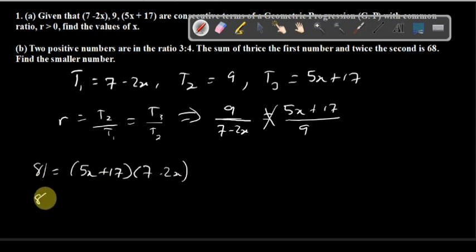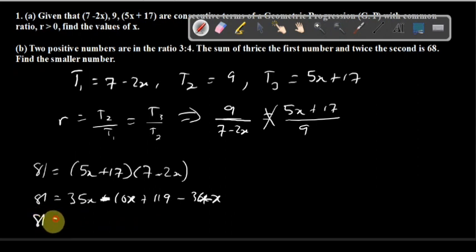So let's expand this. 5x times 7 is 35x, plus 5x times minus 2x, that will be minus 10x squared. Then we have 17 times 7, that is plus 119. We have 17 times minus 2x, that will give us minus 34x. So we have to collect like terms.